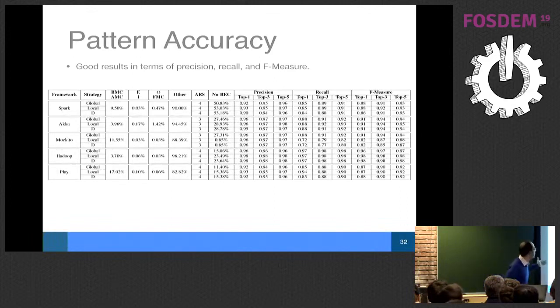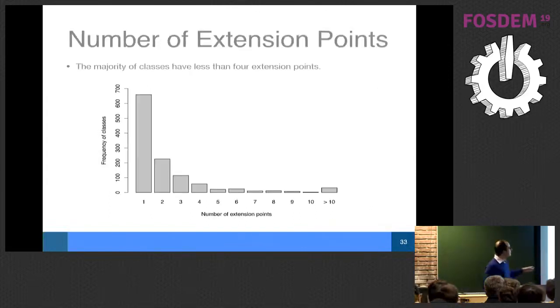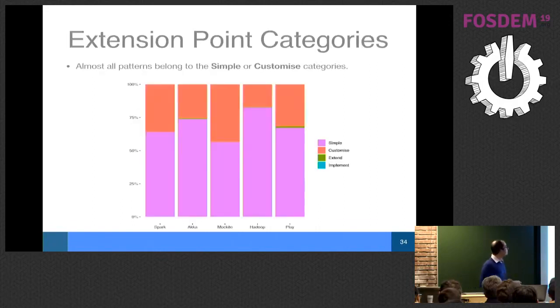In most of the cases, the accuracy was about 90-something%. But one thing that we were not expecting is that in most of the cases, to extend a given class, you don't have a lot of extension points. Given a class, you have at most 4 extension points.